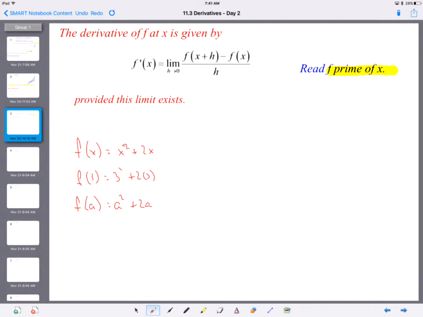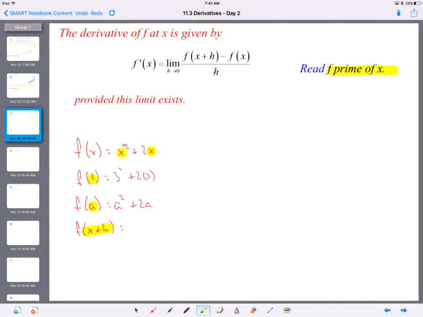But then, I want you to find f of x plus h, and all of a sudden it's like, wait a second, what am I supposed to do here? Same thing: wherever there's an x, you replace it with that value. So you can see that x and that x get replaced with the 3. That x and that x got replaced with the a.